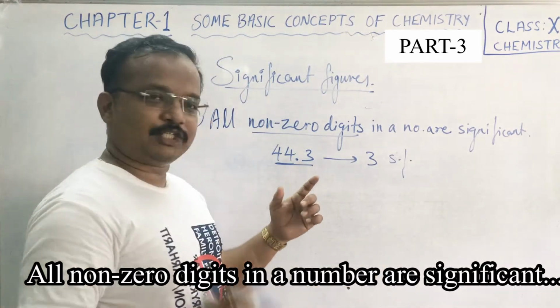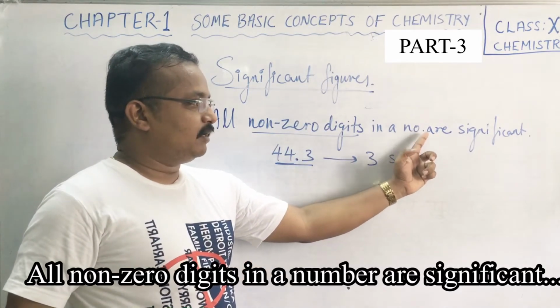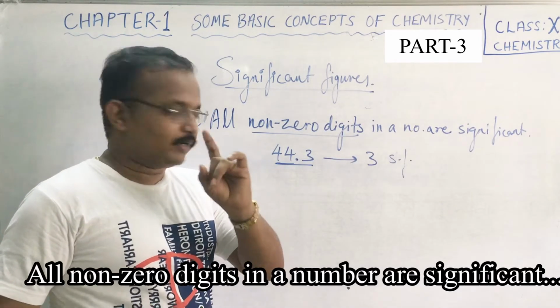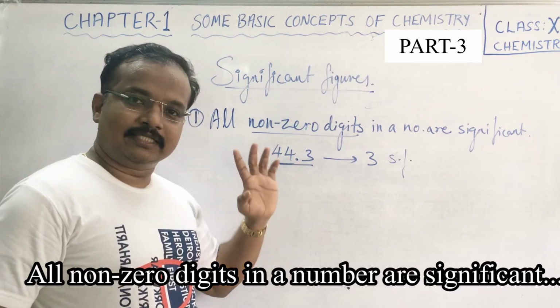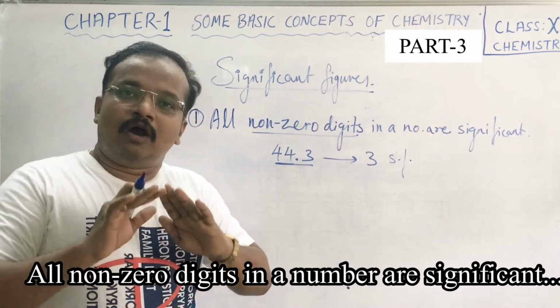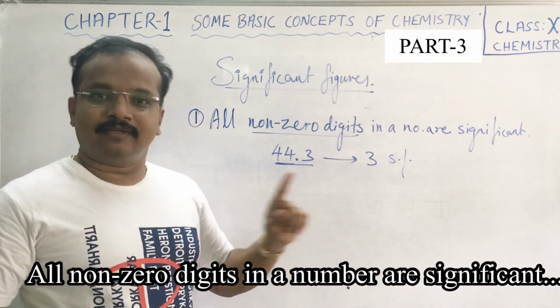Why? Because the first rule is all non-zero digits in a number are significant. Even though the 3 comes after the point, you have to count all those non-zero numbers. They all are significant. Clear?